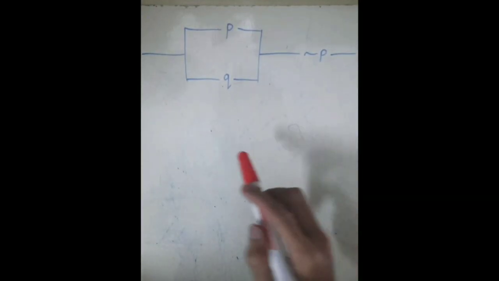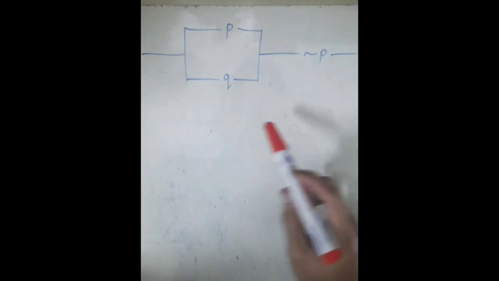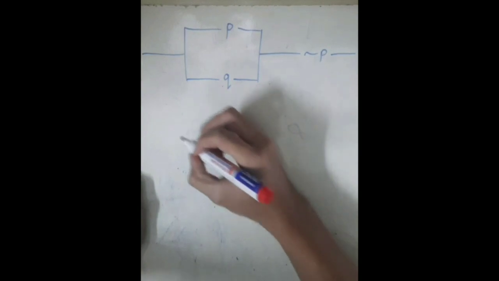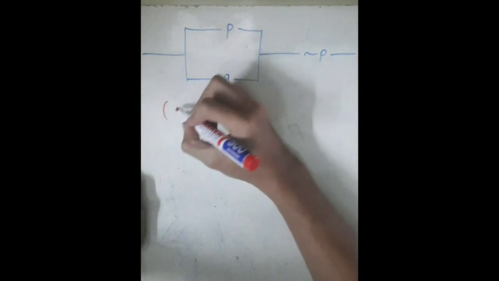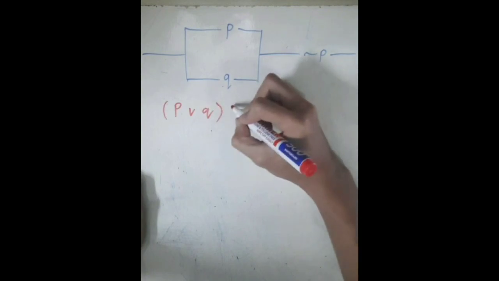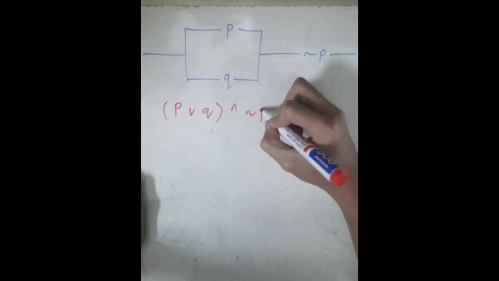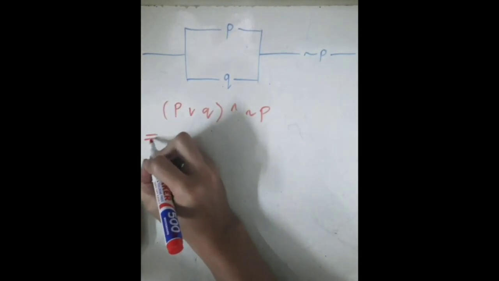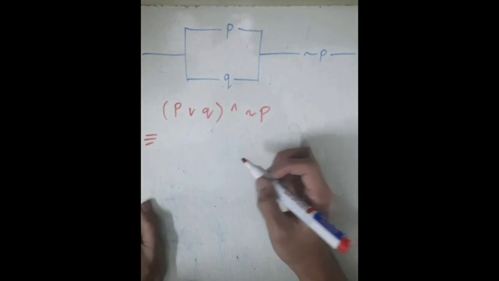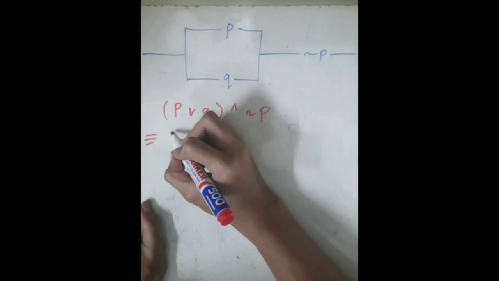Okay, first, if we have the question like this, we don't have to panic. And first of all, we need to write a logical expression. For this is P or Q and not P. So the equivalent, if you look at this expression, we can use the distributive law like this.